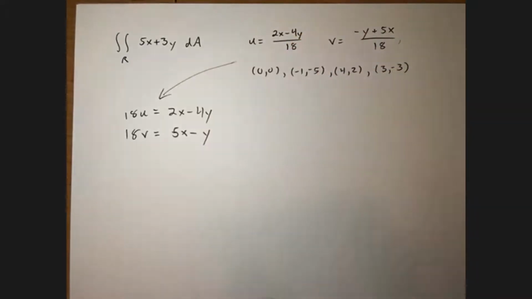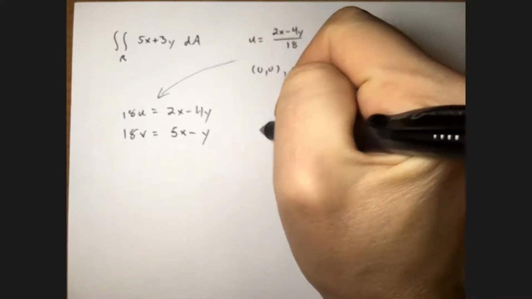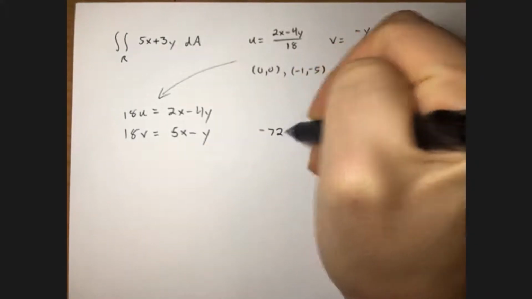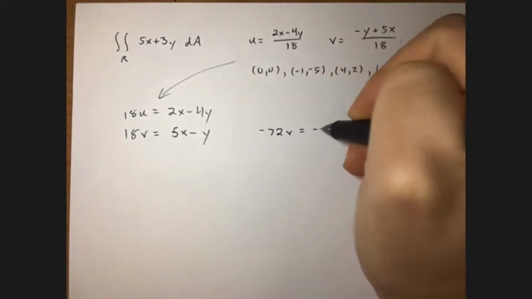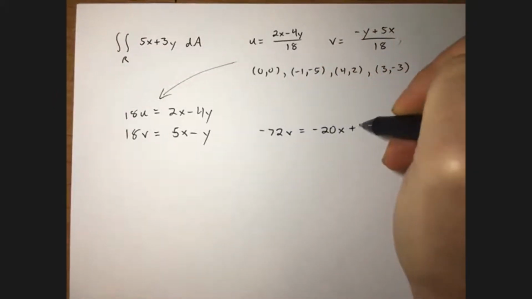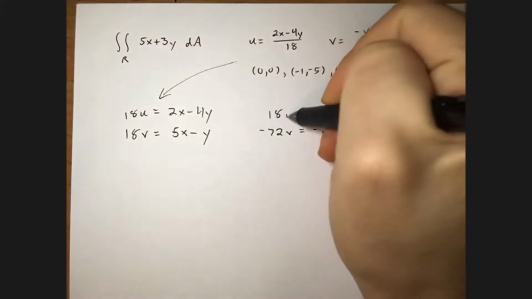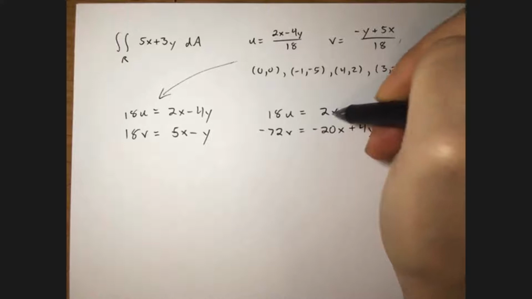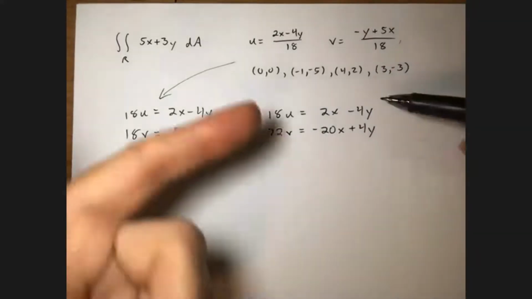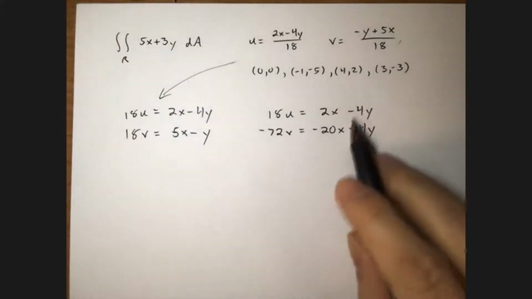What's -4 times 18? It's -72, I believe. So if we multiply that second equation by -4, we get this. Let me write the top equation over again. If I now add the equations together, the y's will cancel.